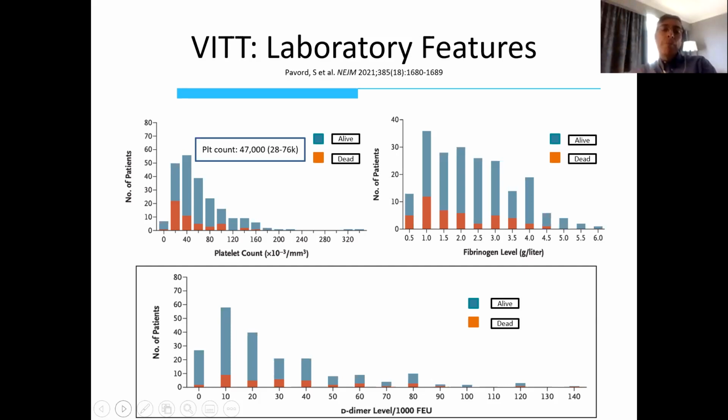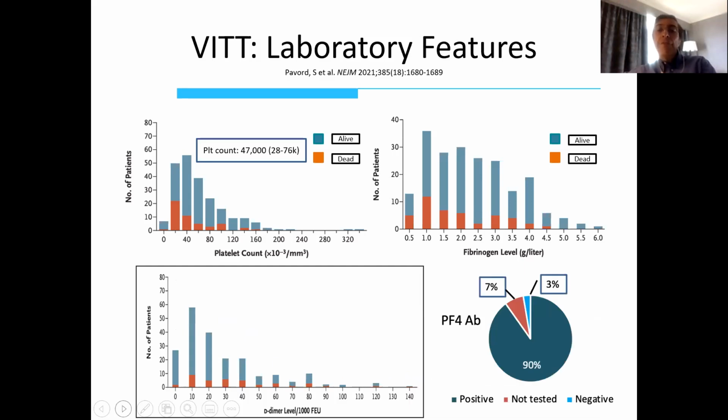And on the lower part, visually, I don't think we can identify a tremendous difference of D-dimers on patients that remained alive versus had the death outcome. Next slide, please. And finally, 90% of the patients, remembering that 7% were not tested, had a positive ELISA screening, and only 3% had a negative ELISA screening for PF4 antibody.